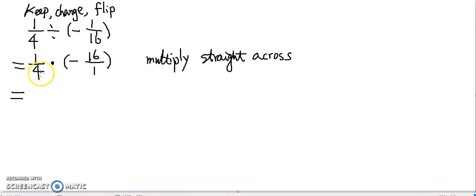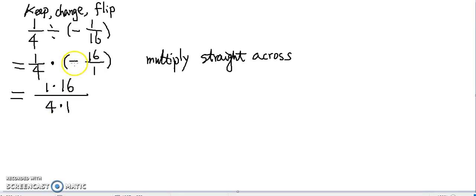Okay, so let's multiply, put a long line on the top. So we will multiply the numbers on the top, 1 times 16. And the numbers on the bottom, 4 times 1.